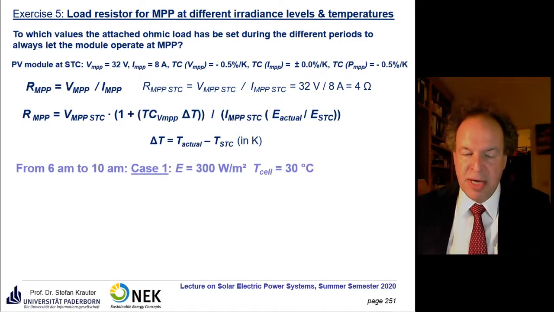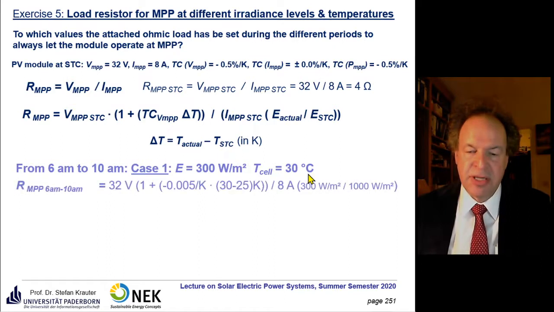So case 1, we have a reduced irradiance compared to standard test condition irradiance to 300 watt per square meter. Cell temperature is slightly elevated from 25 to 30 degrees Celsius.